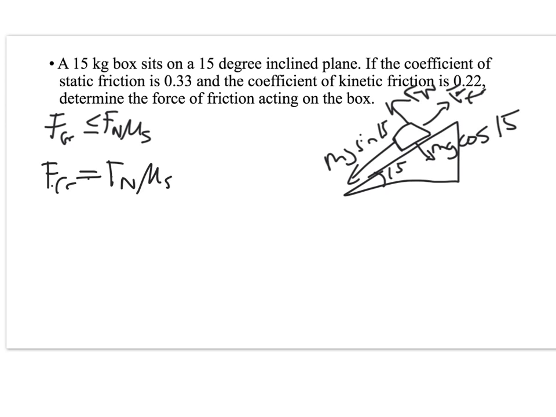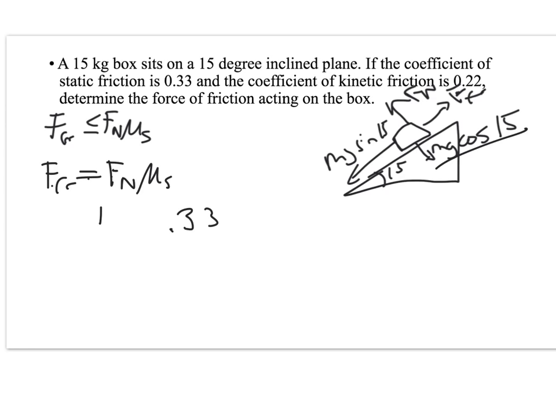The coefficient is 0.33, and my normal force in this case is going to be equal to mg cosine theta. Because my box isn't accelerating off of the ramp or back into the ramp, my normal force has to be equal to that opposite force.